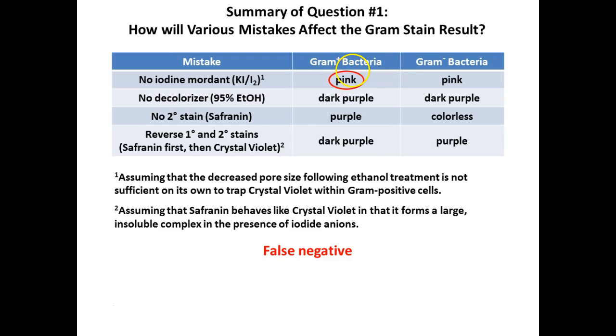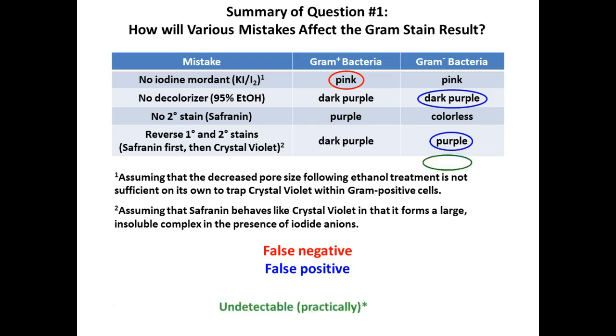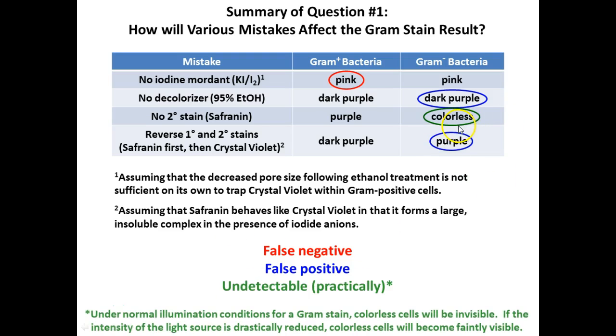Gram-positives should not be pink. Or you could end up with false positive results, right, where gram-negatives, which are supposed to be pink, are coming out purple. This is why, again, we'll run controls when we do our unknowns, right? Because if you forget any of these steps, or do any of these steps in the wrong order or improperly, you're not going to get the correct results. Your results are going to be inaccurate. And of course, undetermined there, you wouldn't be able to really see them.